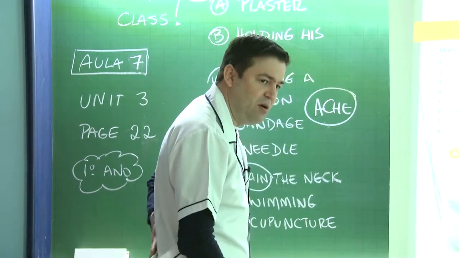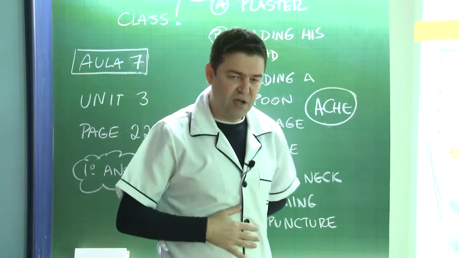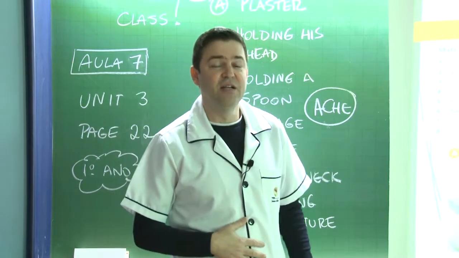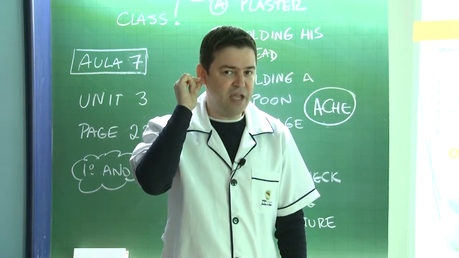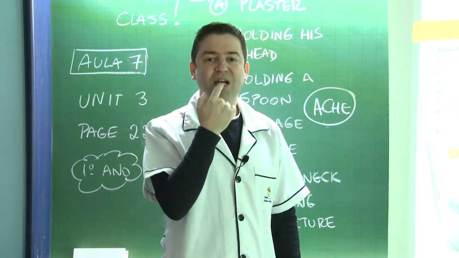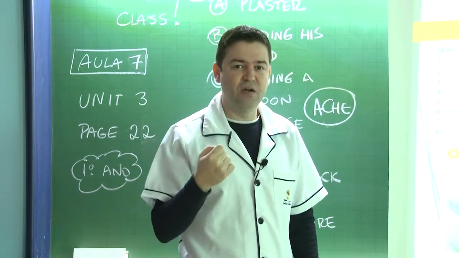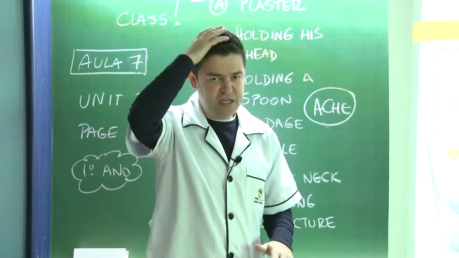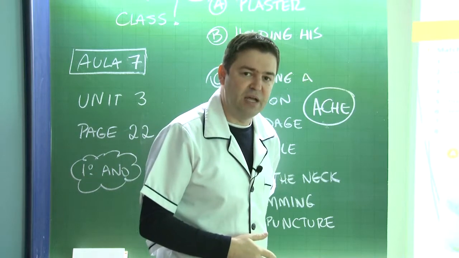If you have a pain in your back, you have a backache. If you have a pain in your stomach, a stomachache. If you have a pain in your ears, an earache. If you have a pain in your tooth, a toothache, right? So 5 aches, remember the 5 aches? Headache, toothache, earache, stomachache, and backache, all right?